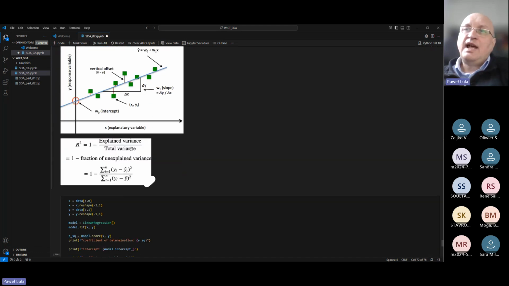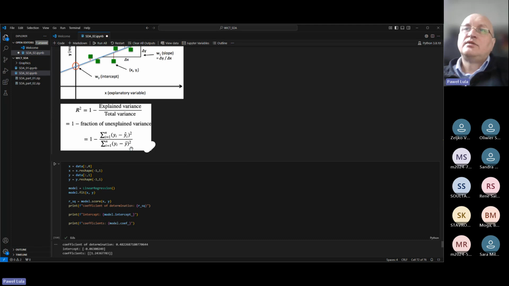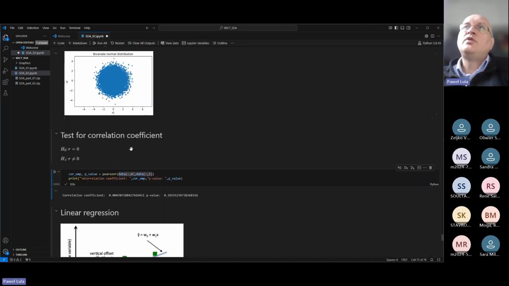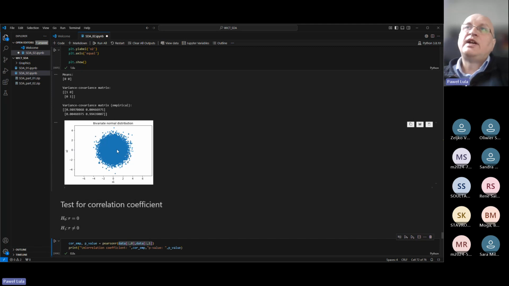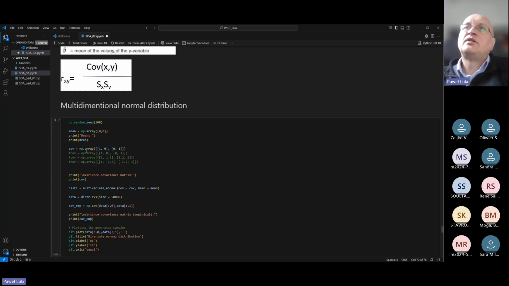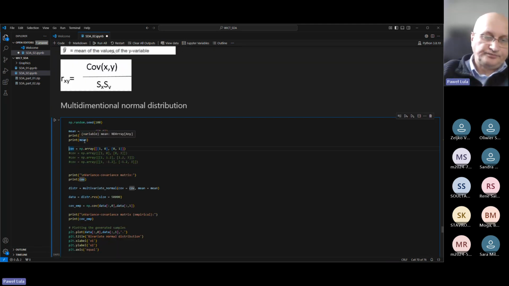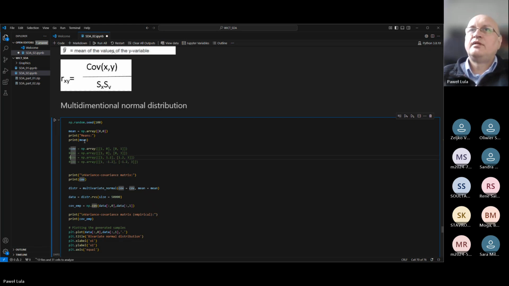And the last element for today, simple regression models. I will use another example.